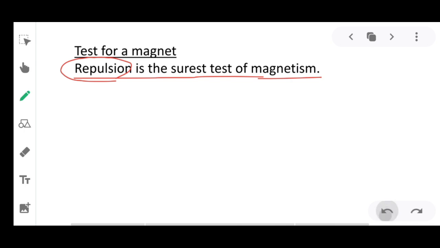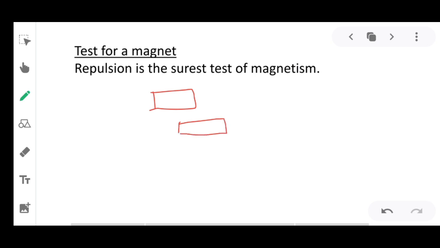Let's see. Let's say this is a material, and we keep this material near a magnet. Now if this material is not attracted by this magnet, then it is a non-magnetic material.